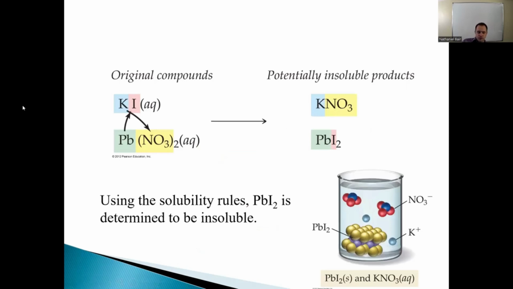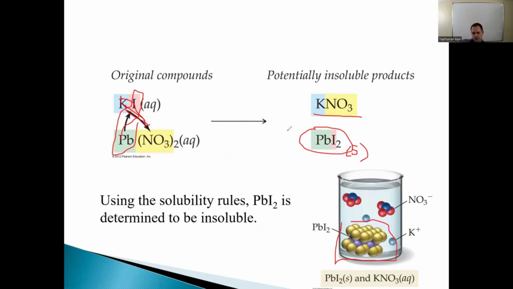If you do this, the lead meets up with the iodide to make lead(II) iodide. And that, if you use the solubility rules, is going to be insoluble according to rule 3, and it would crash out as a solid. Now, the other potential product, potassium nitrate, is not going to precipitate out because potassium nitrate is soluble. It's a nitrate, right? All nitrate salts are soluble.